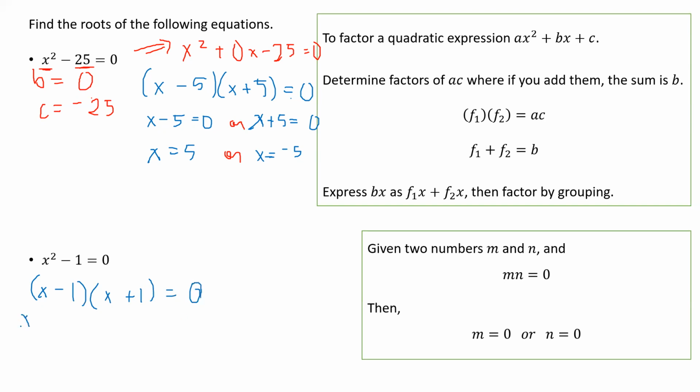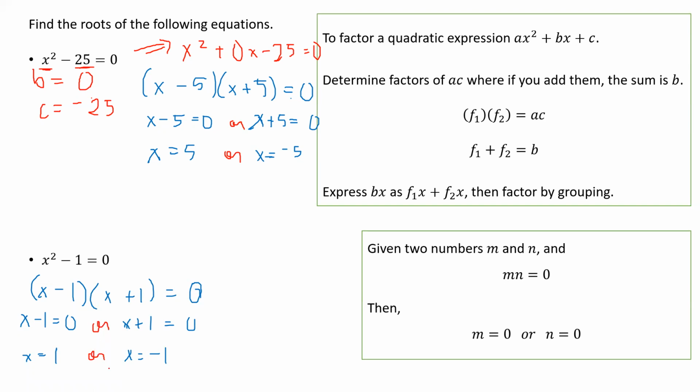And again, with the same pattern, x minus 1 is equal to 0, or x plus 1 is equal to 0, and x is equal to 1, or x is equal to negative 1.